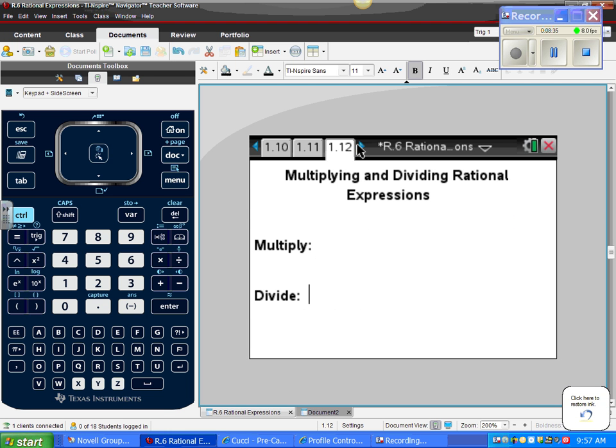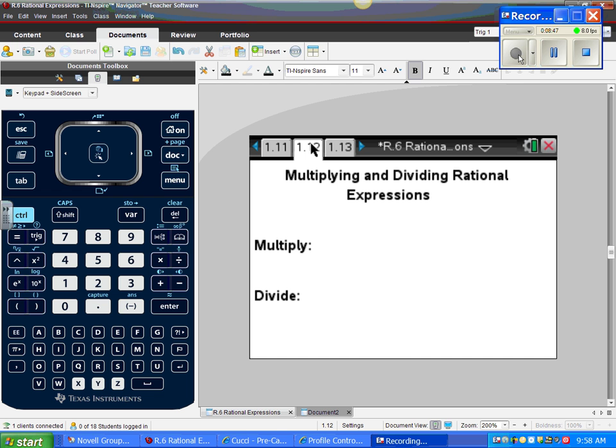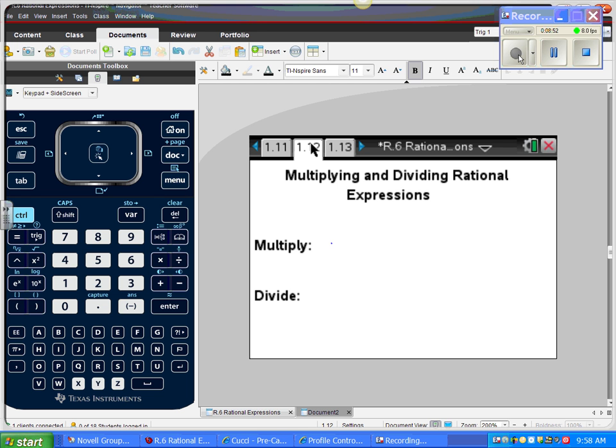All right, so multiplying and dividing rational expressions. That's our next piece. Okay, so to multiply, we simply multiply numerator by numerator, and then denominator by denominator. And we simplify where we can.